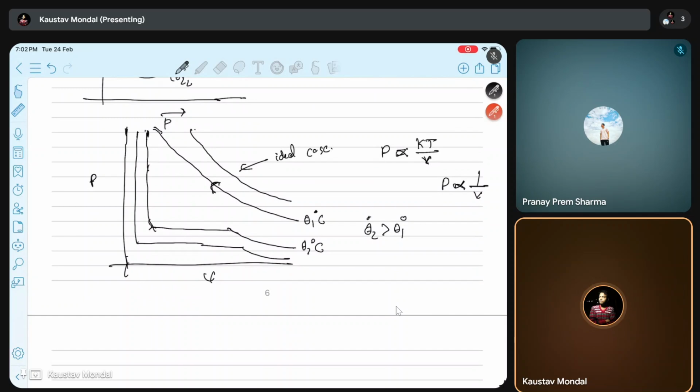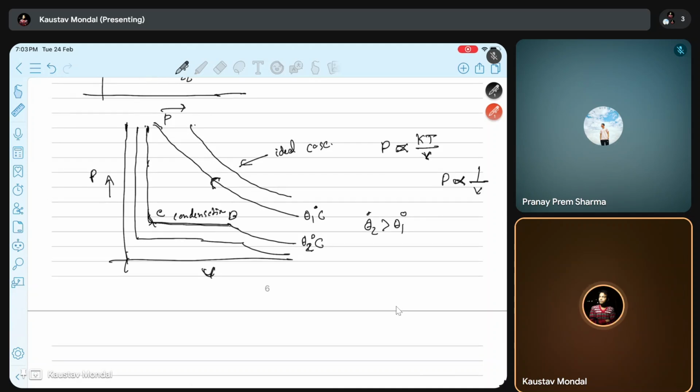And here you can see there is this plateau region between C and B. The reason is that for this particular temperature theta 2, if you increase the pressure high, that is in the y direction, the gas condenses. The gas becomes fluid like. Condensation is happening here. From the ideal gas law, all these things cannot be explained.